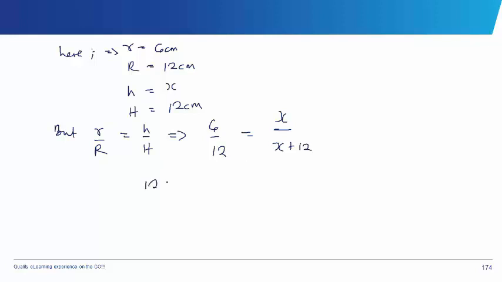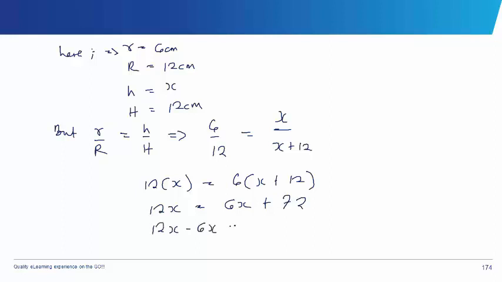When we cross multiply, we have 12x is equal to 6 times (x plus 12). So that we have 12x is equal to 6x plus 72, and so 12x minus 6x is equal to 72, and so 6x is equal to 72, so that x itself will be equal to 72 over 6, which is equal to 12.